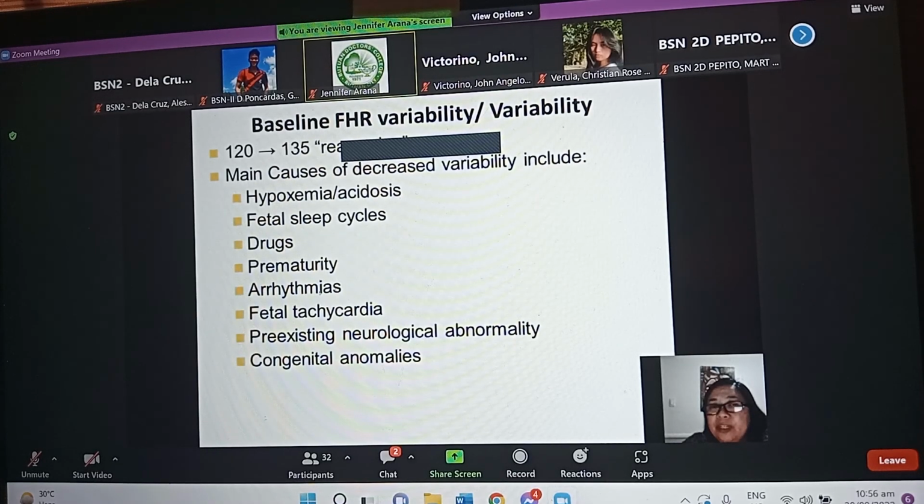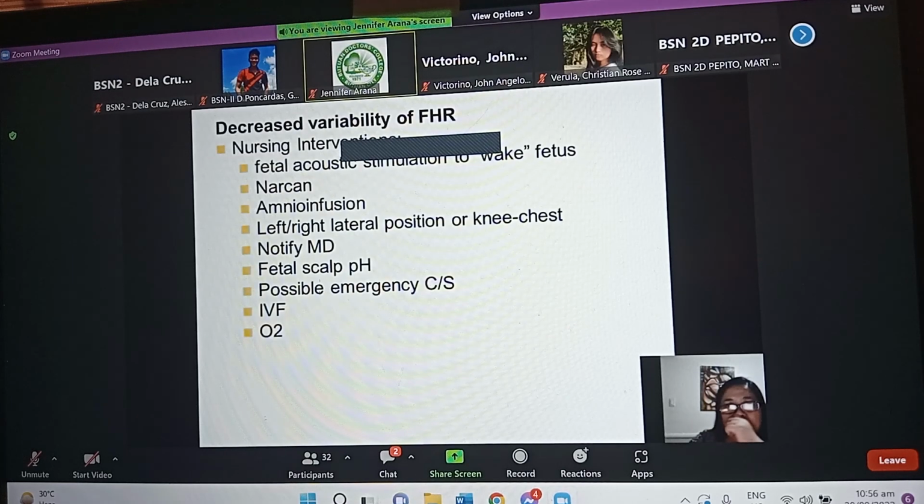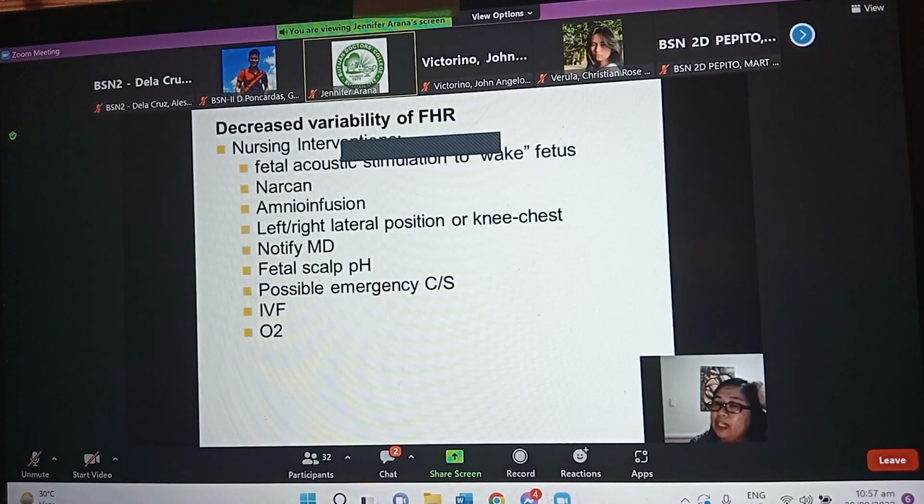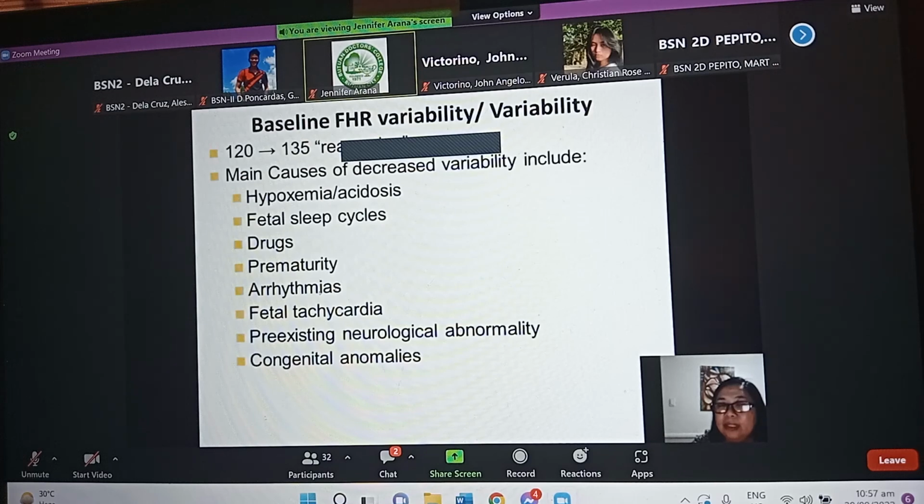It could also be due to prematurity, arrhythmias, and fetal tachycardia, or a pre-existing neurologic abnormality or congenital anomalies. So, nursing interventions for decreased variability. Again, ang FHR variability or baseline FHR variability, normal. Ang dili normal, decreased variability. Na-cause ani niya hypoxemia to congenital anomalies.